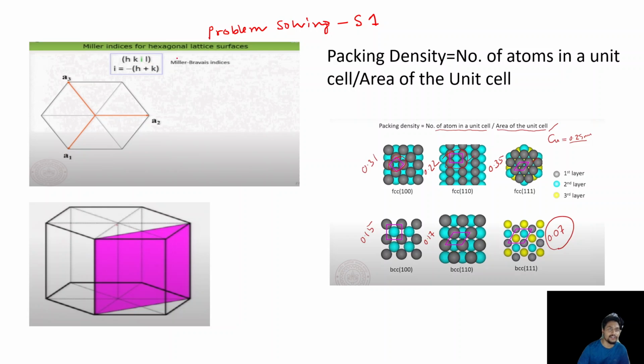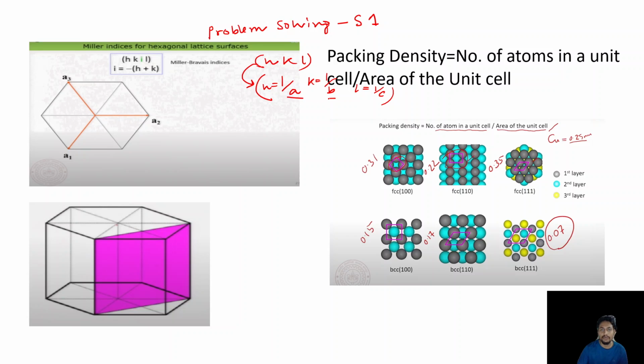Normally, in case of cubic, HKL defines the Miller indices, and H is nothing but 1 by the intercept, let's say a, K is 1 by b, and L is 1 by c.